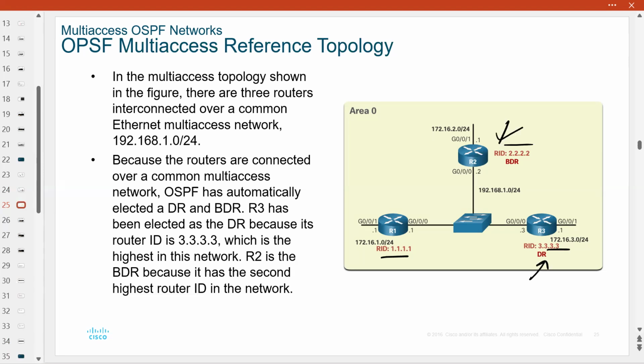The BDR is the one with the second highest router ID. That is why that one was chosen as the backup designated router. And this one is the other. It is not a designated router. It is not a backup. So this is the network we are going to use as our reference. Let us see how we are going to configure it.